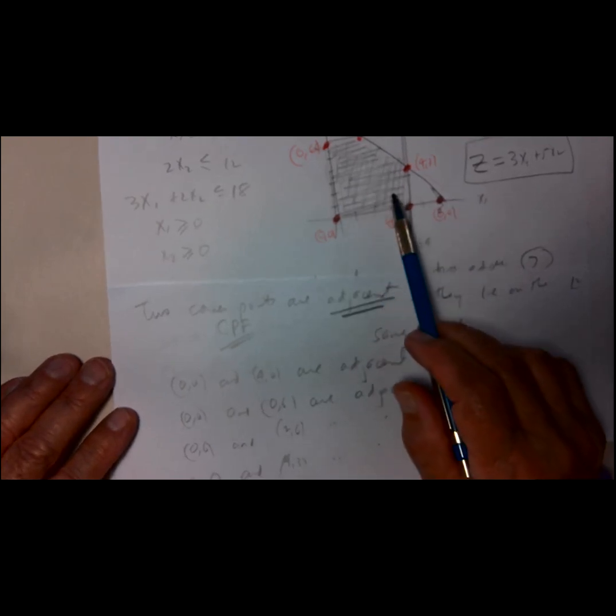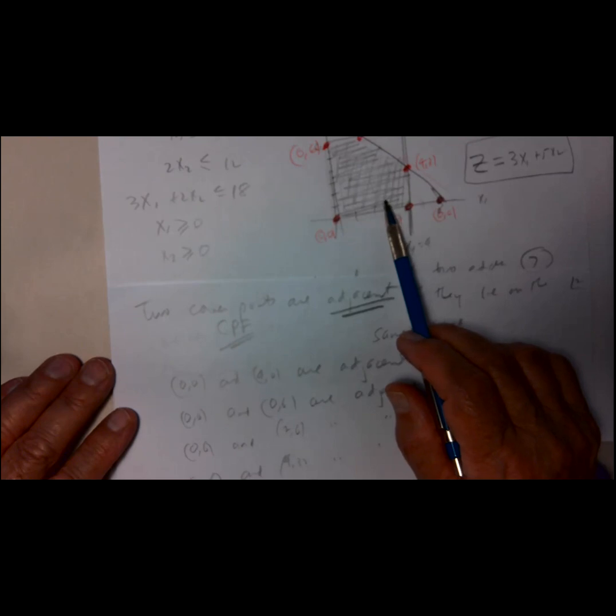And the second part of the optimality test says: if a CPF solution to the problem, right? Every point in the feasible region is a solution to the problem. It satisfies all of our inequalities.